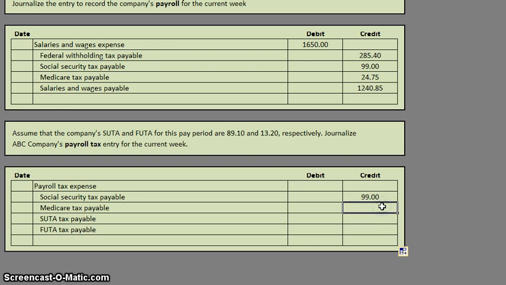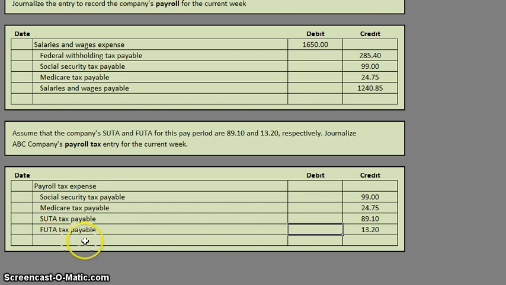The employer is also going to have to match that Medicare tax payable, $24.75. And they have SUTA of $89.10 and FUTA of $13.20.